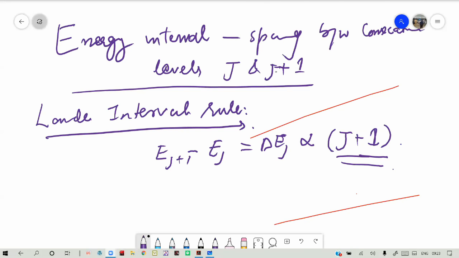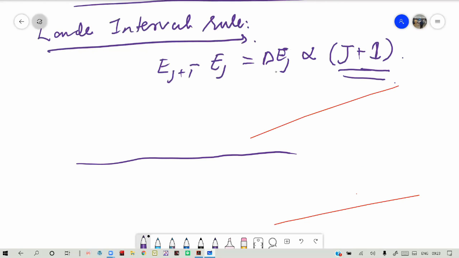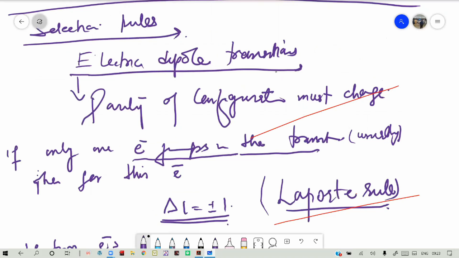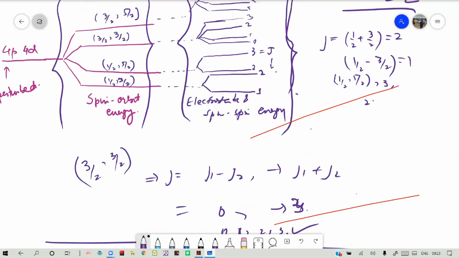Let me draw it in another form. Let me show you this figure. This is an energy level diagram.